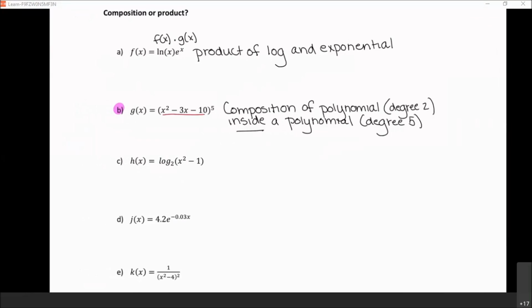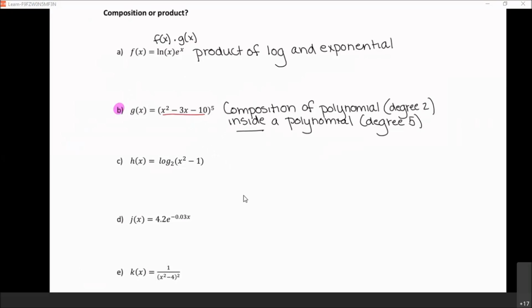You're going to do whatever the quadratic says to do to x, and then that value is raised to the 5th power. If you remember how compositions work, your inner function gets x first, does some stuff, and then passes along that output value to the outer function. And then that does some stuff, and it produces an output to the whole composition.